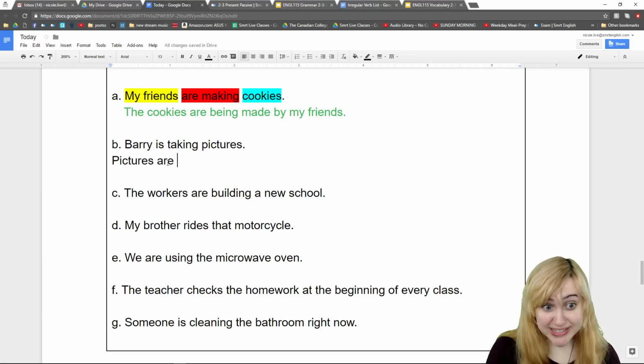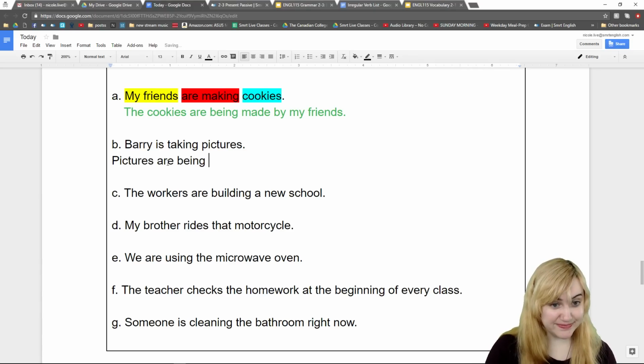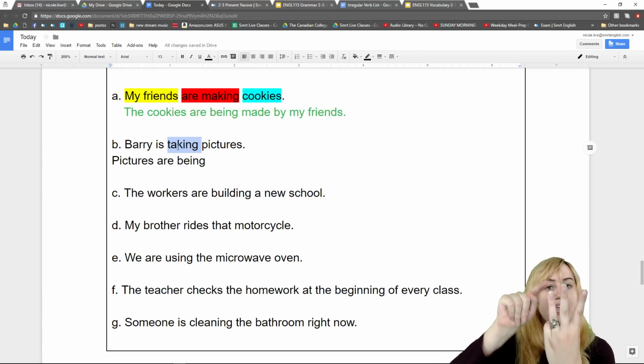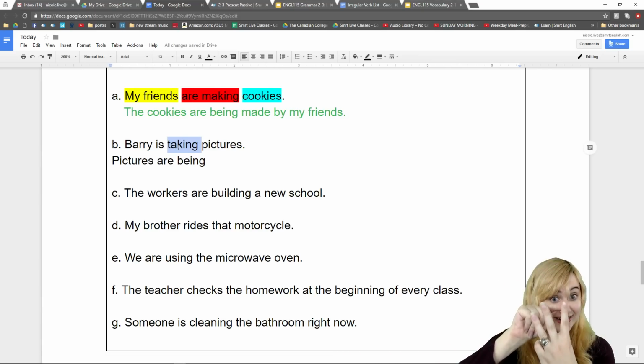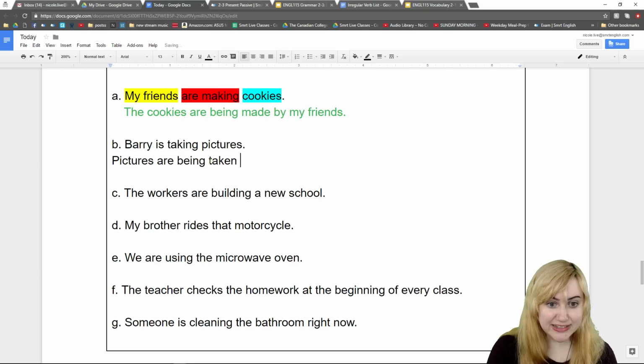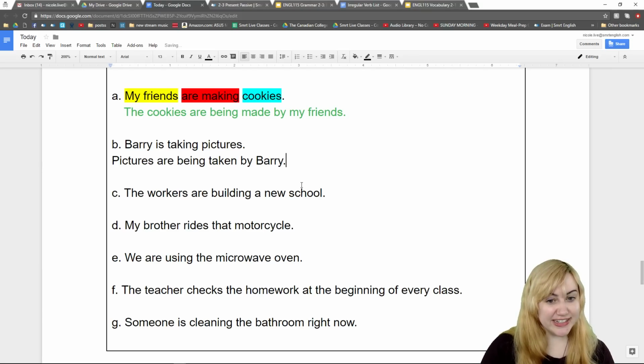And then it's continuous, so we're going to say being. Our verb is taking, so let's look at our number 3 verb. Take, took, taken. So pictures are being taken by Barry. Good, good, good. And a lot of people got that correct.